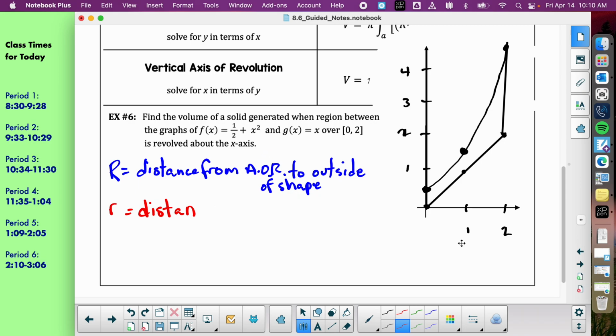This one is not because the axis of revolution was the x-axis. So since our shape isn't directly on it, we're going to have a gap in between. They're both done the same way. It's just you need 1 radius for disk method, 2 radii for washer method.